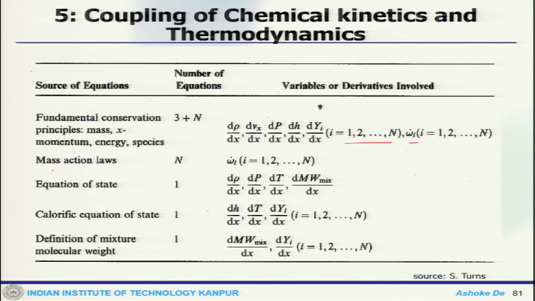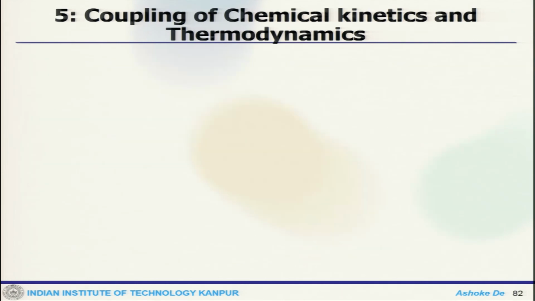The mass action law or species conservation gives n equations, which involve omega dot i. The equation of state, 1 equation, contains the derivatives d rho by dx, dp by dx, dt by dx, and then there are the calorific equation of state and the definition of mixture molecular weight. So, these are the sources of the equations, the number of equations, and the variables involved.